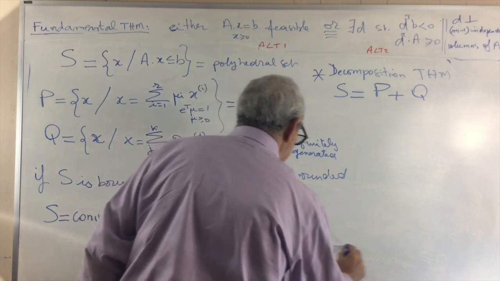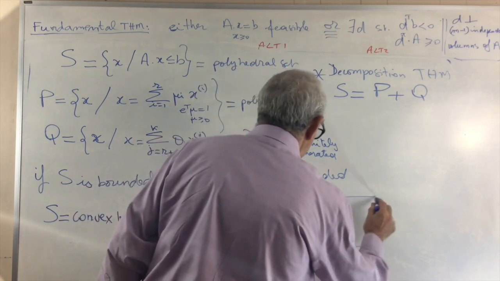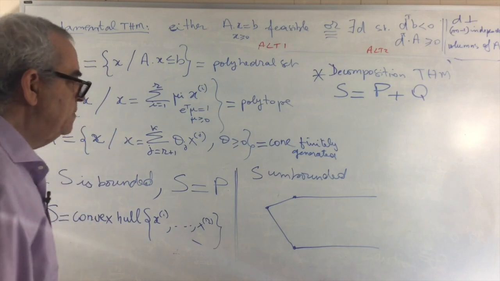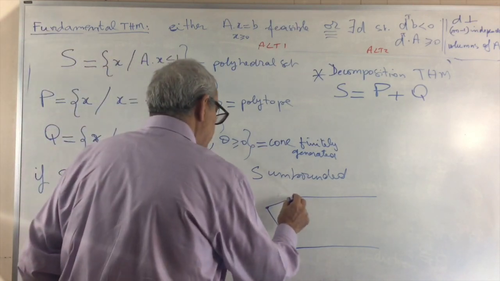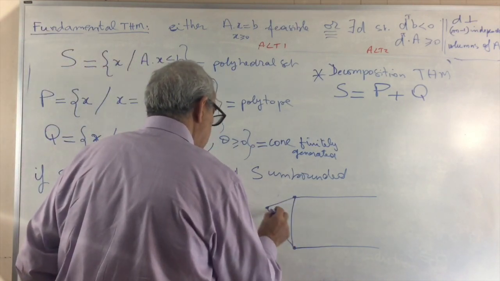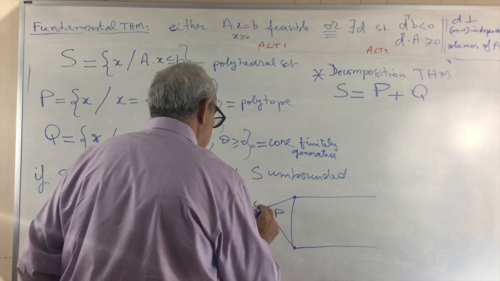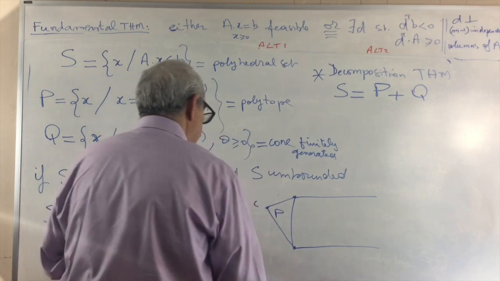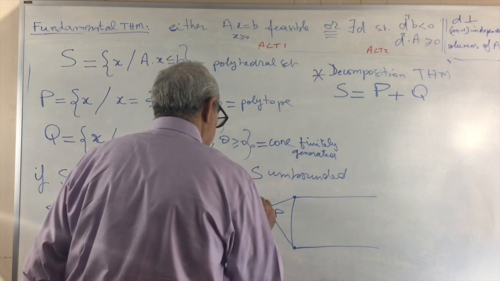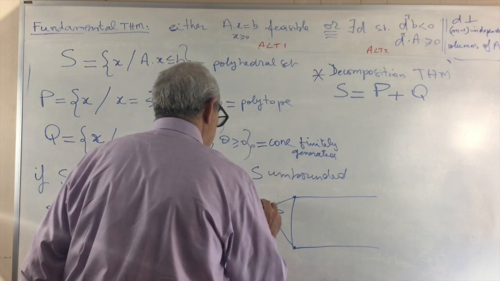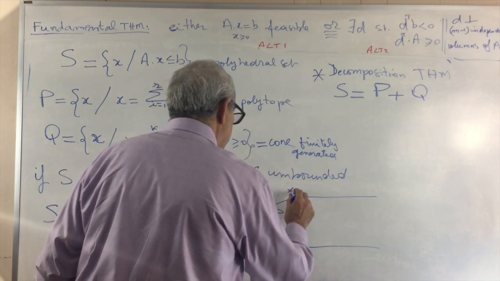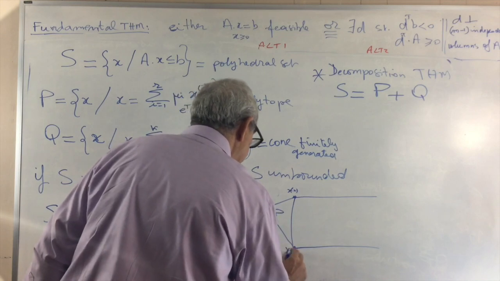This is the P, the polytope, with vertices x_1, x_2, and x_3.